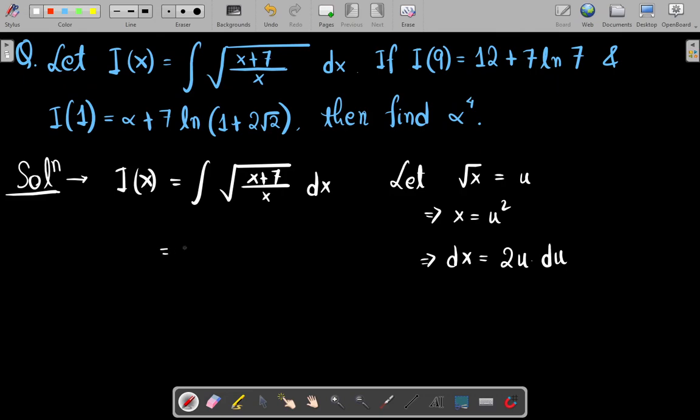So this integral now changes: square root of x is nothing but u square, so this becomes u square plus 7, and this x is again u square, times dx, which will be twice u times du.